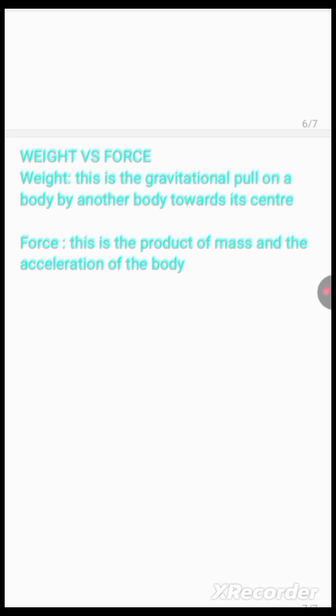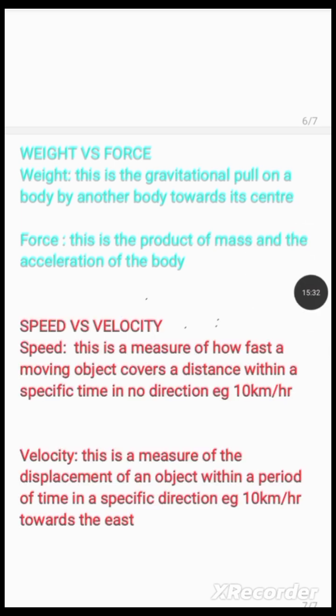Now, speed versus velocity. Speed is a measure of how fast a moving object covers a distance within a specific time, in no direction. It is a scalar quantity. An example is 10 km per hour, or 10,000 meters per 3,600 seconds.